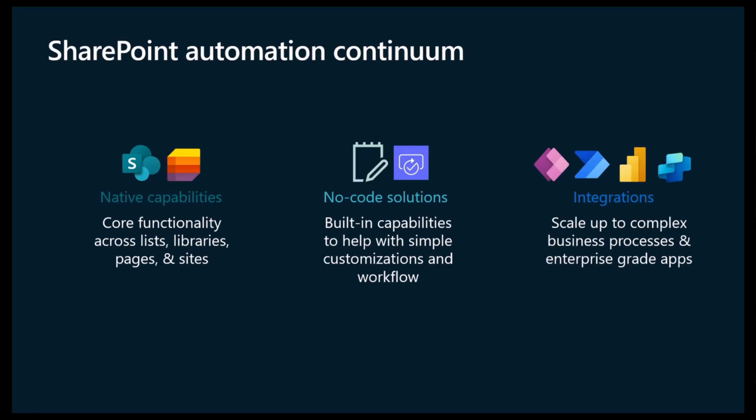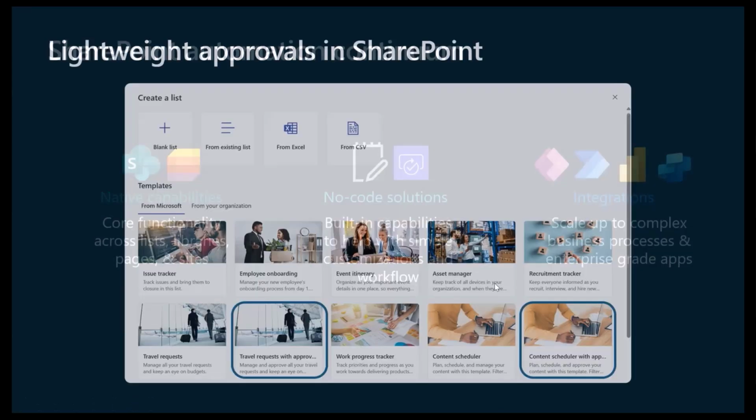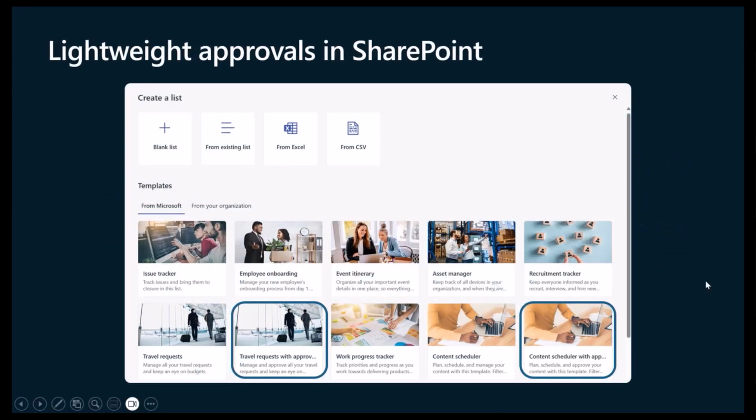But we also want that escape valve or graduation out into Power Platform. I'm sure a lot of the folks on this call are very familiar and well-versed in building connectors into SharePoint content, whether it's files or lists, and then using those in custom Power Apps, Power BI, or even Copilot Studio.